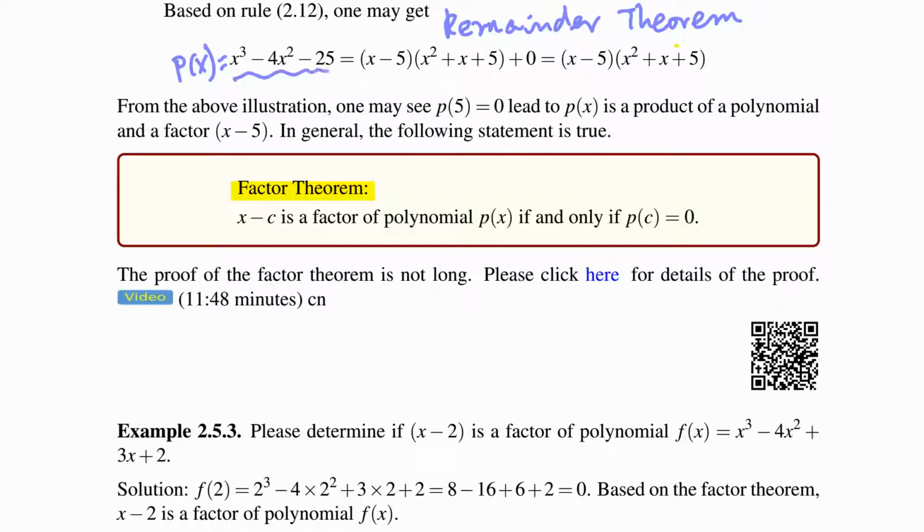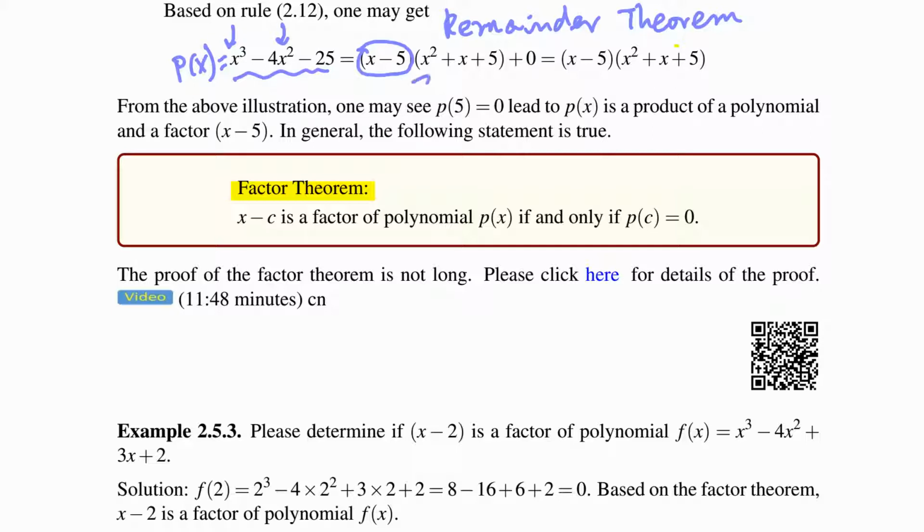divided by another polynomial, then the remainder can be found without doing the division, just by plugging 5 into the original polynomial.